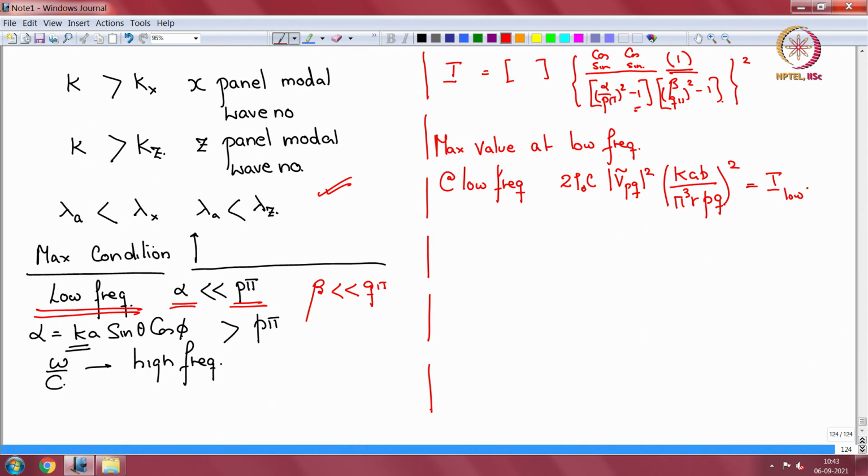Okay. Now we will just compare, at high frequency, we will just compare rho 0 c by 2.